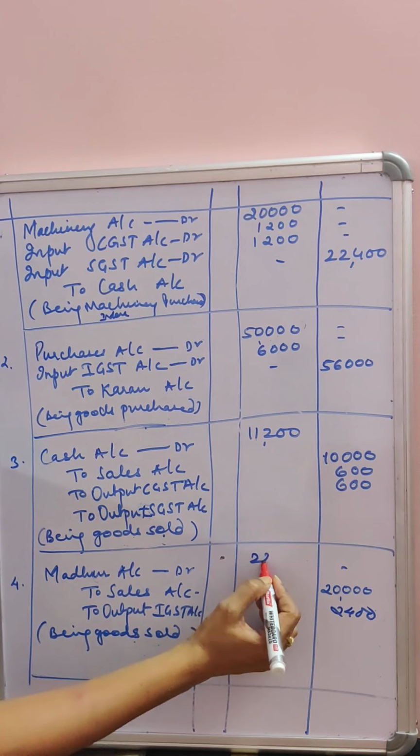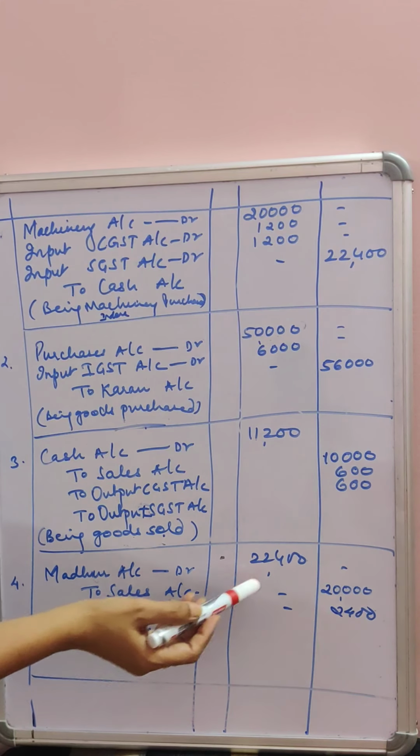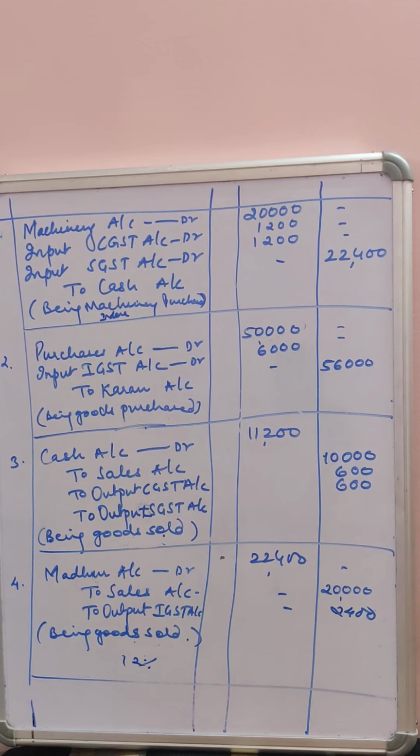Okay. So the total amount receivable from Madhur will be 22,400. So if you charge 12% on 20,000, that comes to 2,400 and total amount due from Madhur will be 22,400.